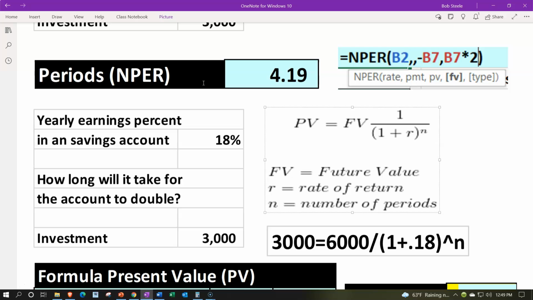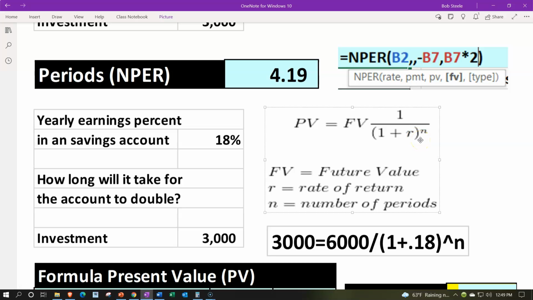All the formulas, however, you can see are basically going to be related. So typically we'll use something like the present value. We'd say, okay, let's look at the present value formula. Present value equals the future value times or over 1 plus the rate to the number of periods, which would be n. And then we can plug in what we know.